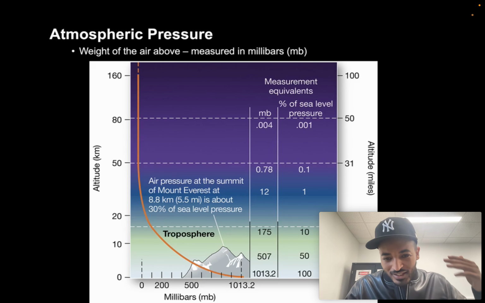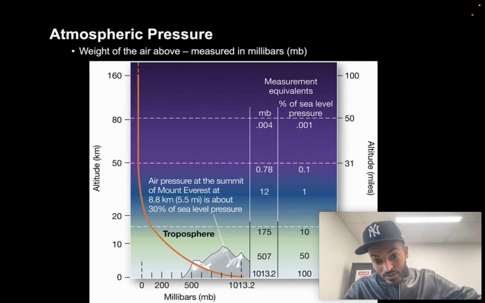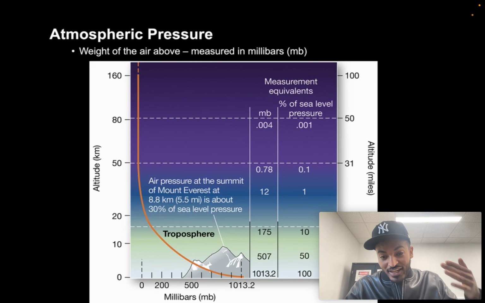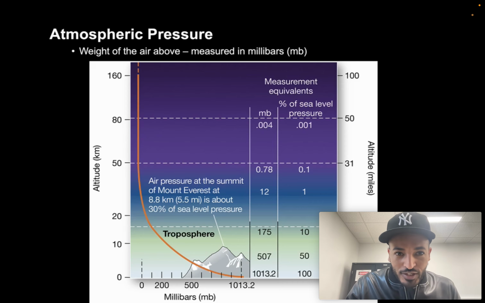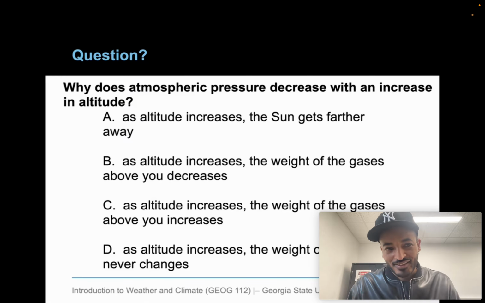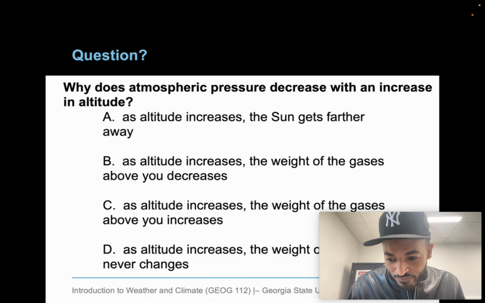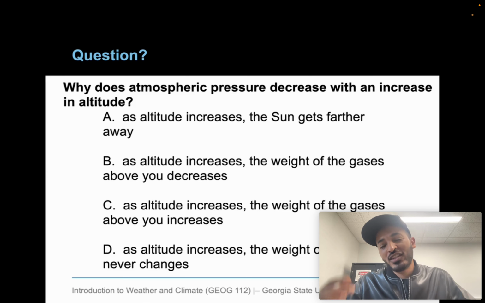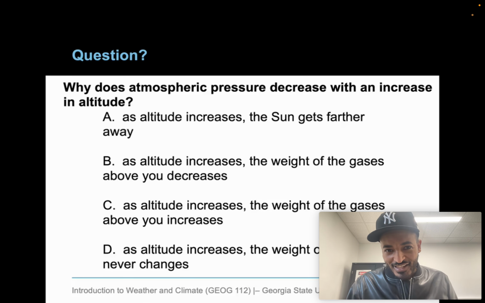So as we climb up, as we hike, that's why the air gets thinner and thinner. Of course, the atmospheric pressure decreases as a result, right? So if I ask you, why does the atmospheric pressure decrease with an increase in altitude? The answer would be, as altitude increases, the weight of the gases above you decreases, right? These are the sort of questions I'll have in the exam, right?